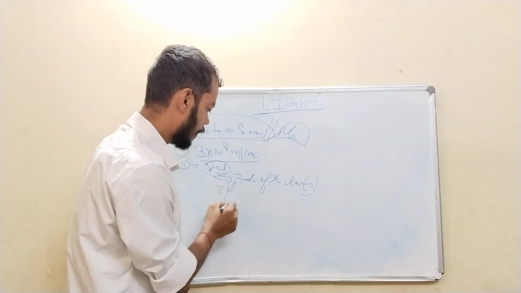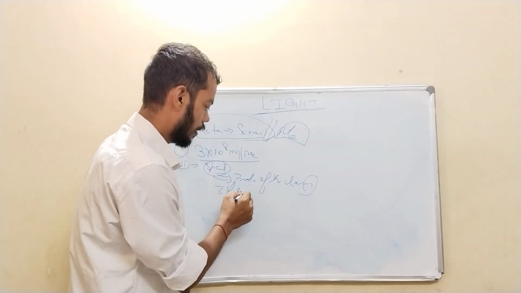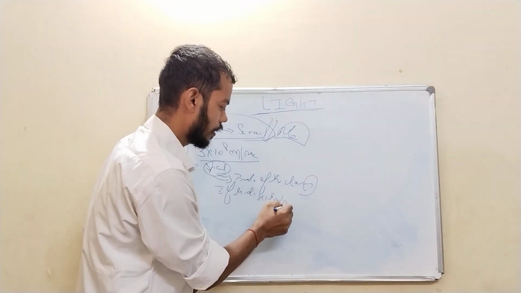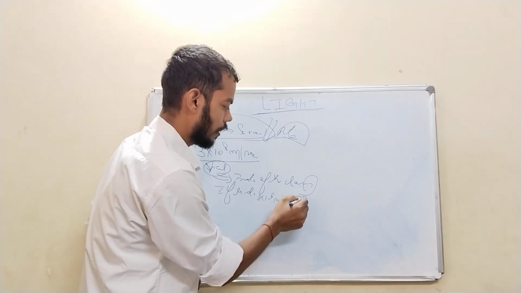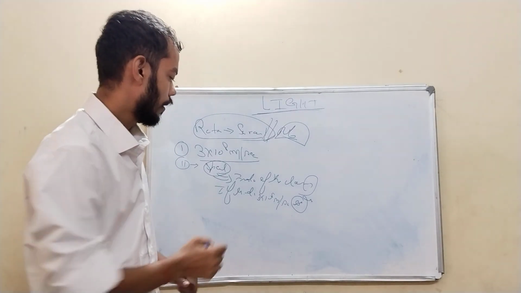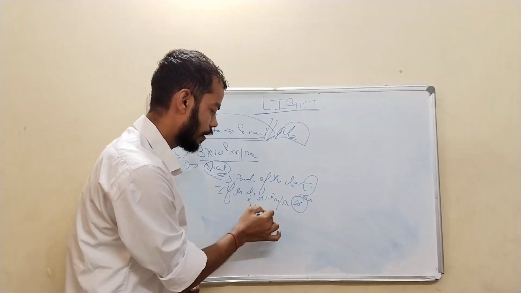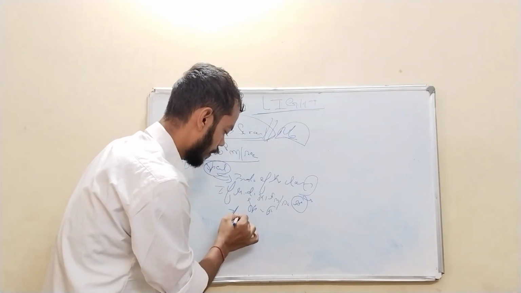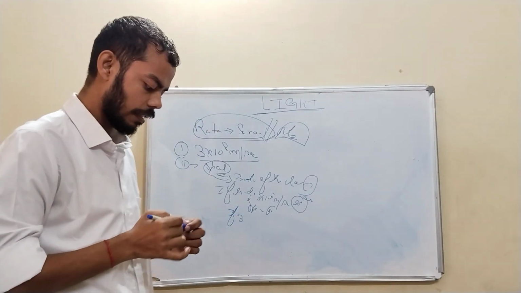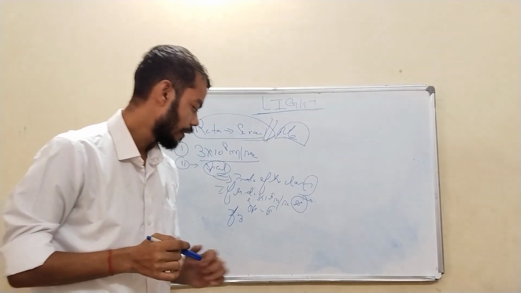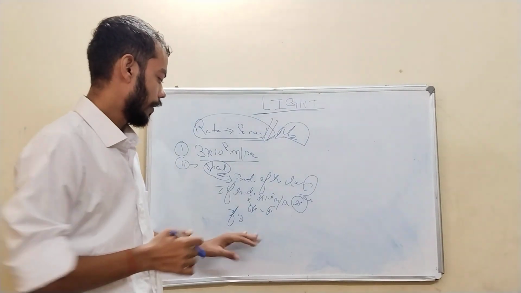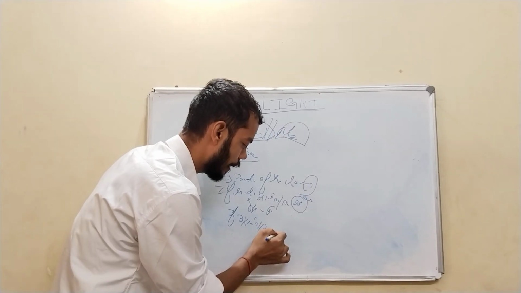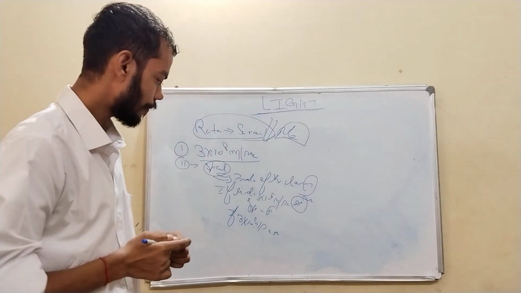If the speed of the light decreases from 3 into 10 to the power 8 meter per second by a significant margin, then the medium is denser. And if the speed of the light changes a little bit from 3 into 10 to the power 8 meter per second, then it suggests that the medium is rarer.